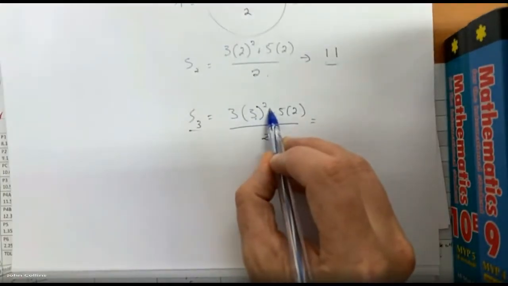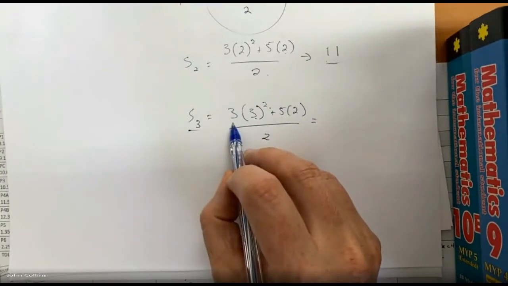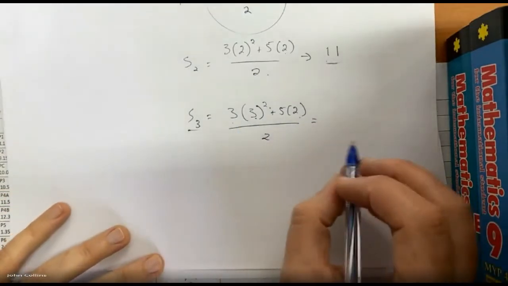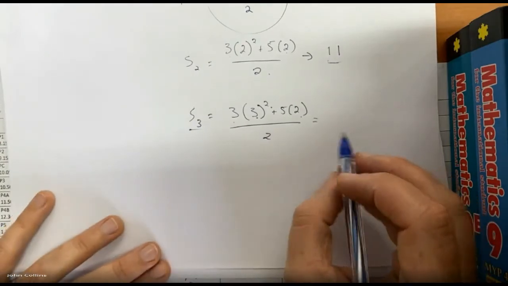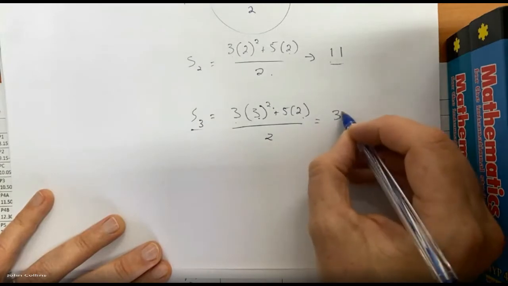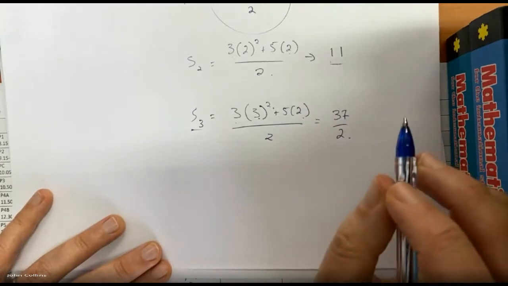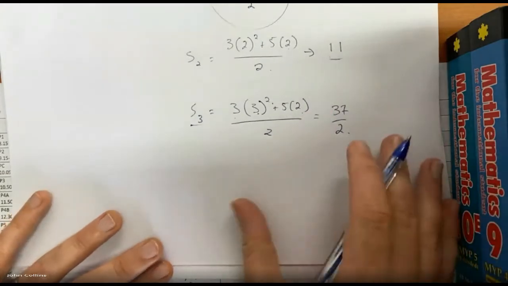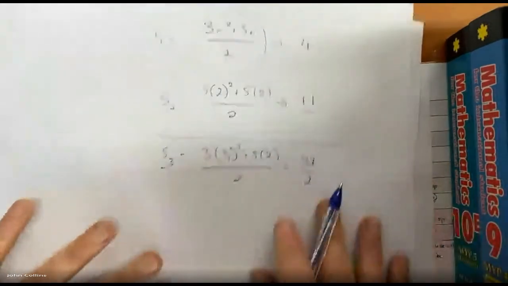So 3 times 3 squared, 9, 27 then times 3. 27 plus 10 is 37. That's not what I wanted. 37 over 2. Okay. Let's just look at these first two terms.